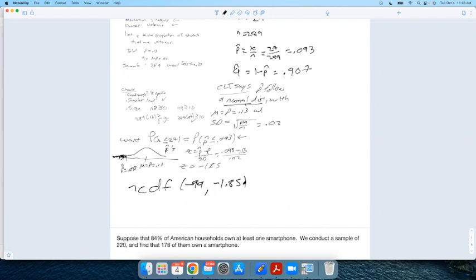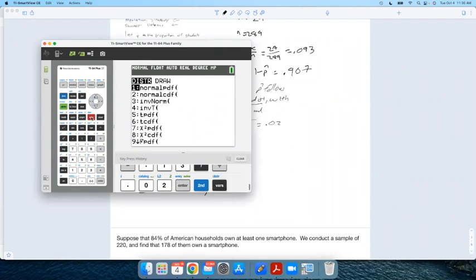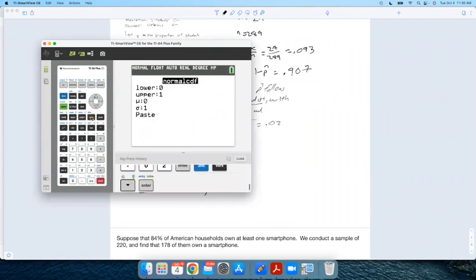These have to be z-scores. Then we use that normal distribution button on the calculator. So second distribution, number 2. Make sure you leave mu and sigma alone. Unless you're very good and know how to use the shortcuts, don't use them.